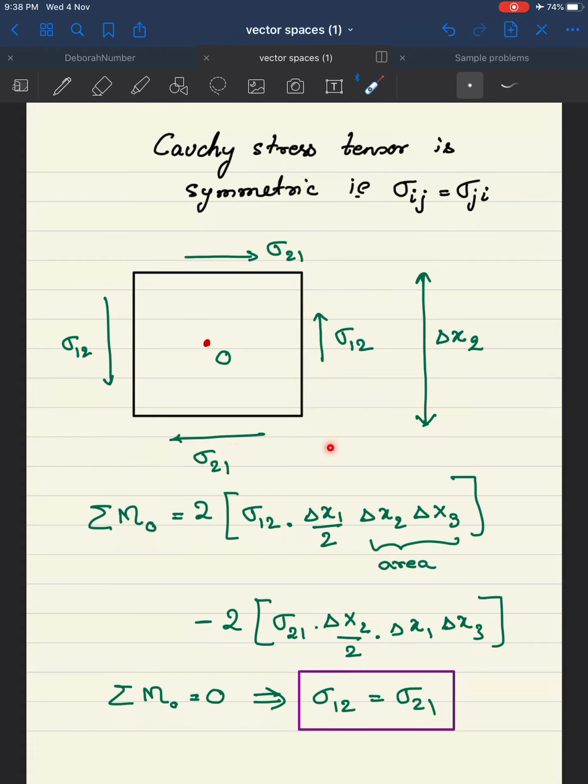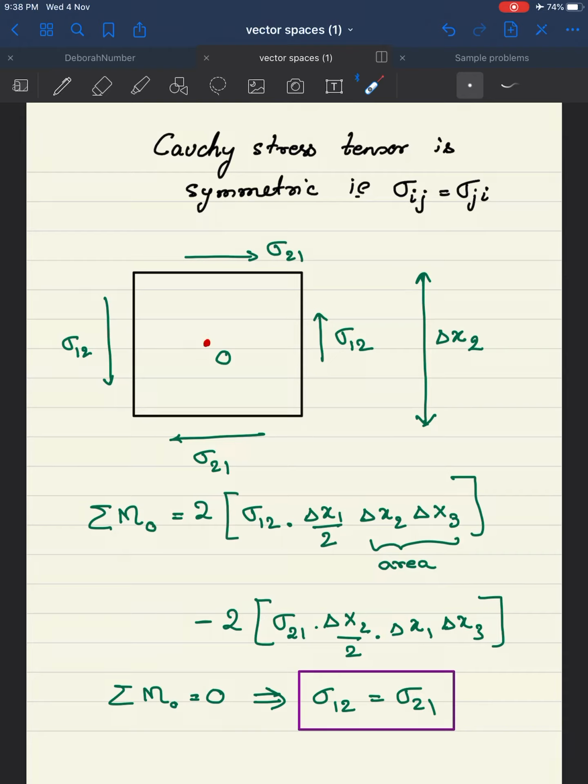This is going to be delta x1, and there's a delta x3 that I have not drawn for you. Now we are going to take the moments about an axis going through the center of this box, and basically this is the point O, which is the midpoint of this box, and the axis is going through the plane of the paper.